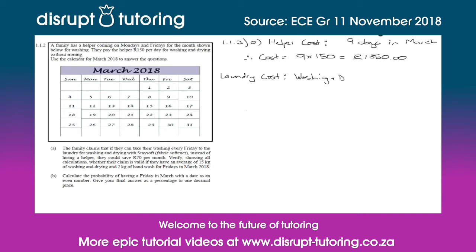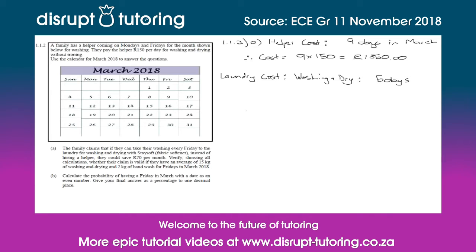We know that this only needs to occur on Fridays, because they've told us that they take their washing every Friday, and as we counted, there are 1, 2, 3, 4, 5 Fridays. So this means there will be 5 days they'll need to do this for.